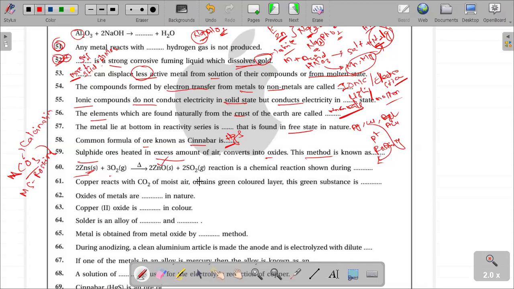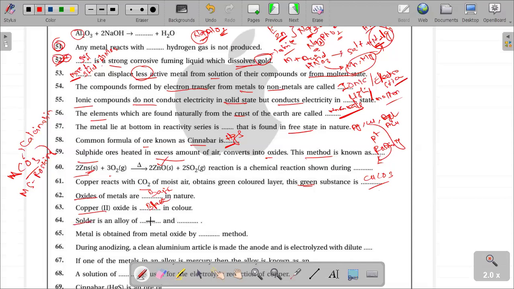Okay, that's it. And next, copper reacts with carbon dioxide in the moisture, then it will become a green color substance. The green color substance is nothing but CuCO3, copper carbonate. Next, metal oxides of metals are basic in nature. Copper oxide color is black.